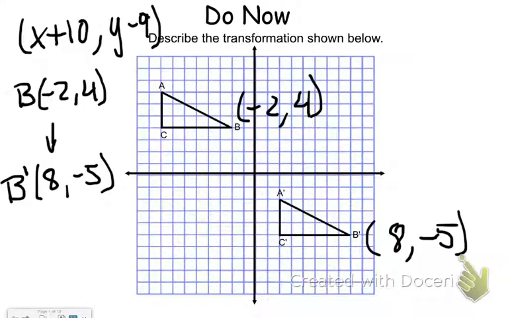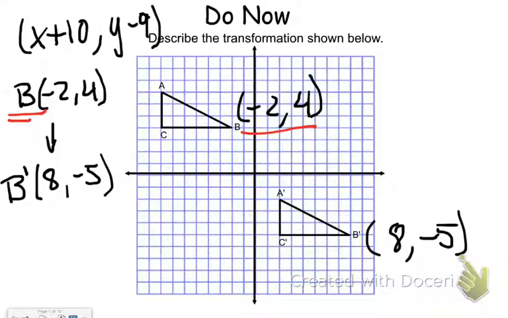So remember, instead of counting all the values on our coordinate plane going to the right and going down, another thing we can do is identify the points of our figure and use the coordinate rule on each x and each y value. For example, point B is at negative 2, 4 on our graph.